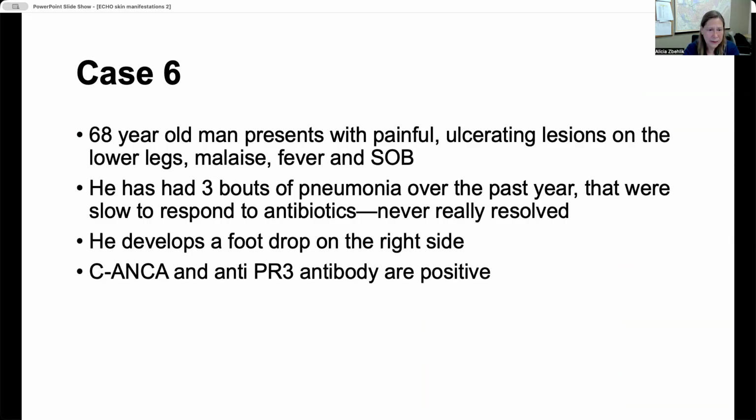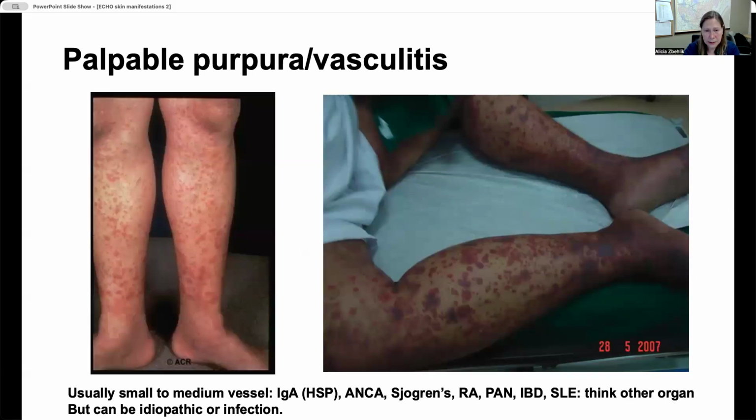And then he developed a foot drop on the right side, and we checked antibodies for ANCA vasculitis, c-ANCA, and an anti-PR3 antibody, and those were both positive. So next slide, please. People who have what we call GPA, granulomatosis with polyangiitis, was what that diagnosis would be.